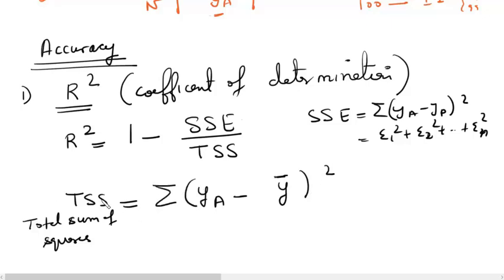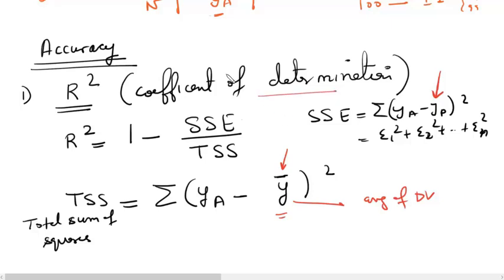So this has the same formula as sum of squared error, the only difference being instead of writing the predicted value, we write the average value of the dependent variable. So y bar is the average of the dependent variable. Else it is the same as sum of squared error, but instead of writing the predicted value here, I have written the average of the dependent variable. So using this we calculate R square, which is the coefficient of determination.